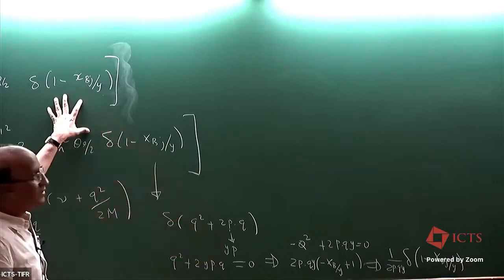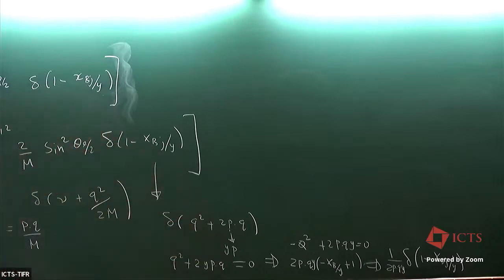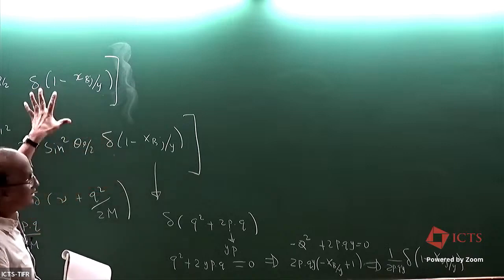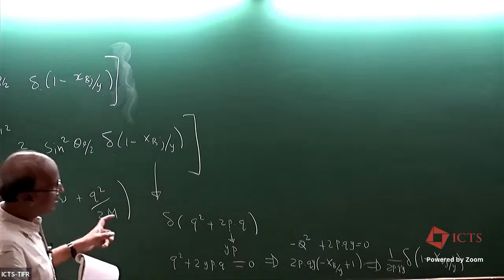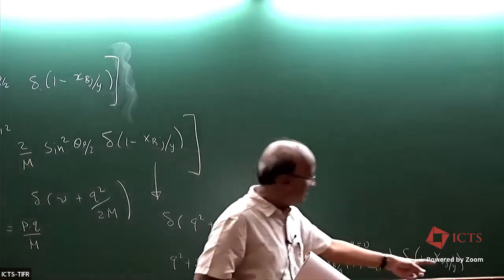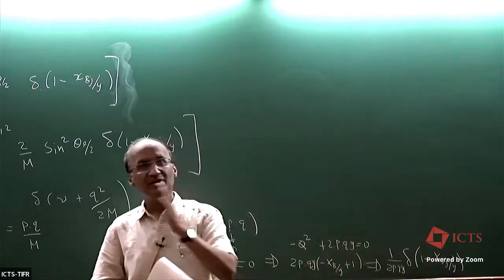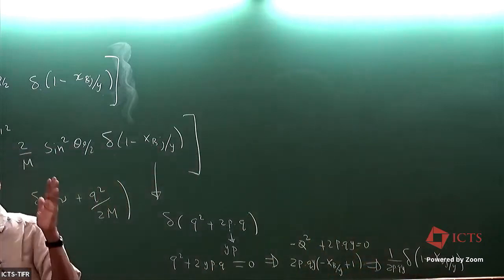So this simple manipulation, introducing a delta function in the deep inelastic scattering cross section, implies that this entire deep inelastic scattering process can be thought of as an incoherent sum of elastic scatterings on point-like objects with momentum scaled by the factor y.